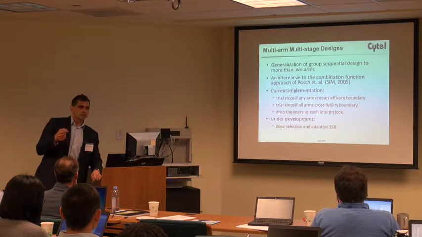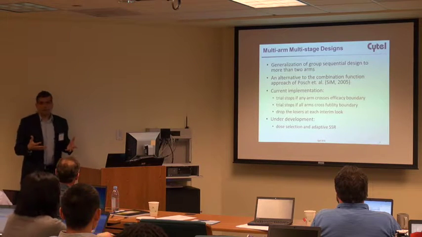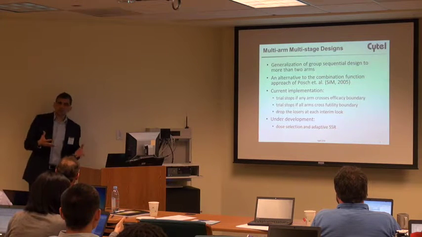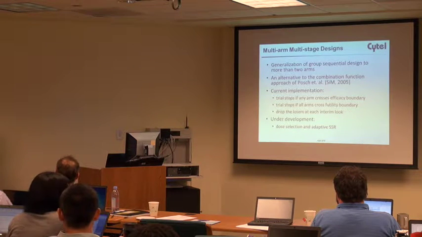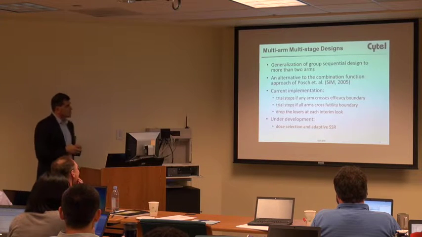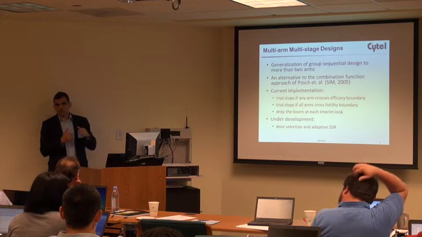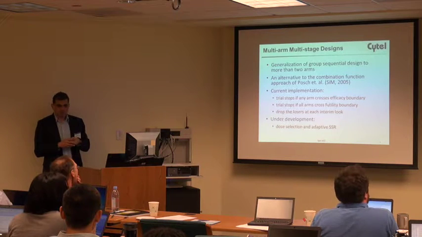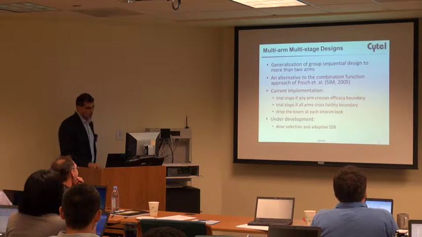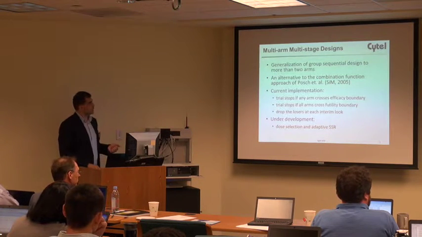That means that if you unblind the data up to that point, you see what your observed treatment effect was, you can actually adjust upwards the sample size by comparing the conditional power to see whether it falls within a couple of thresholds, or whether the observed test statistic falls within these thresholds. Again, this is an extension of the sample size re-estimation procedures that we have for two arms.